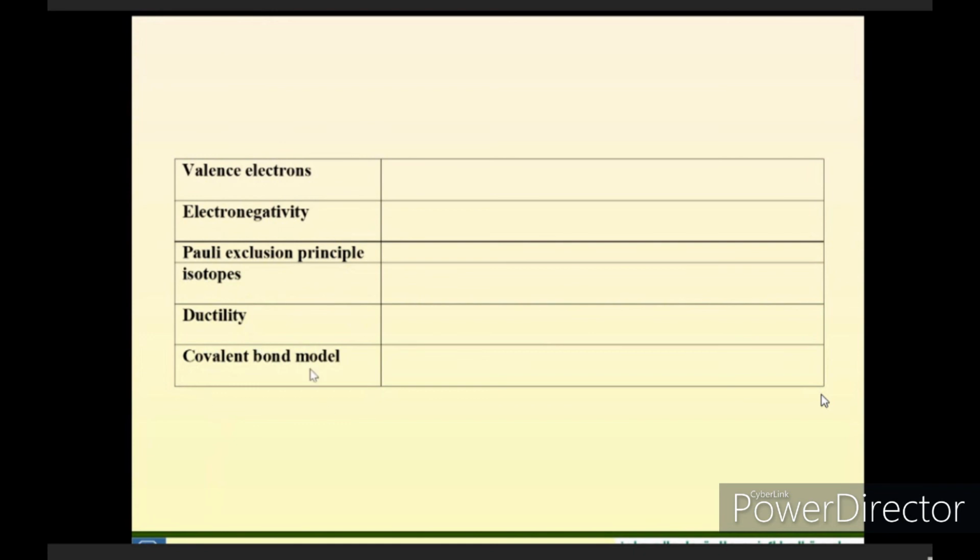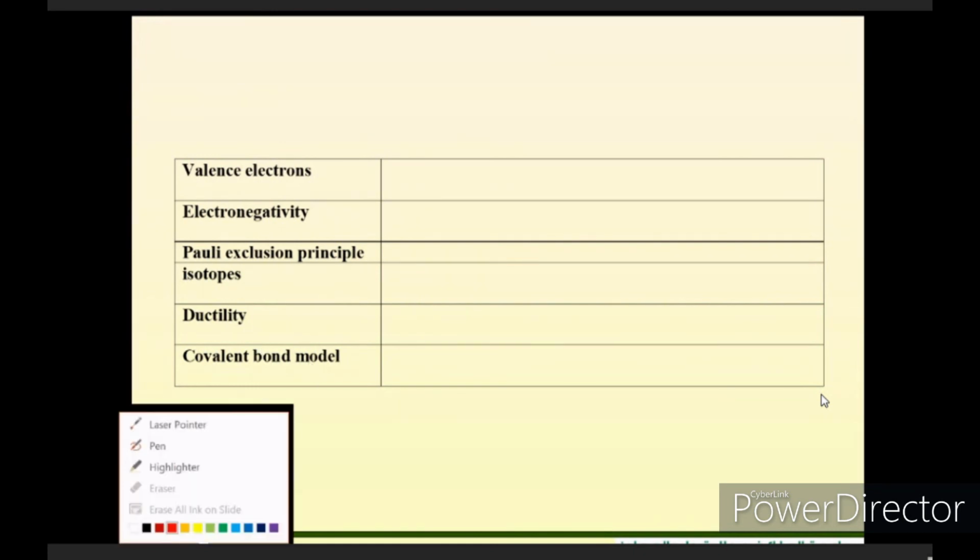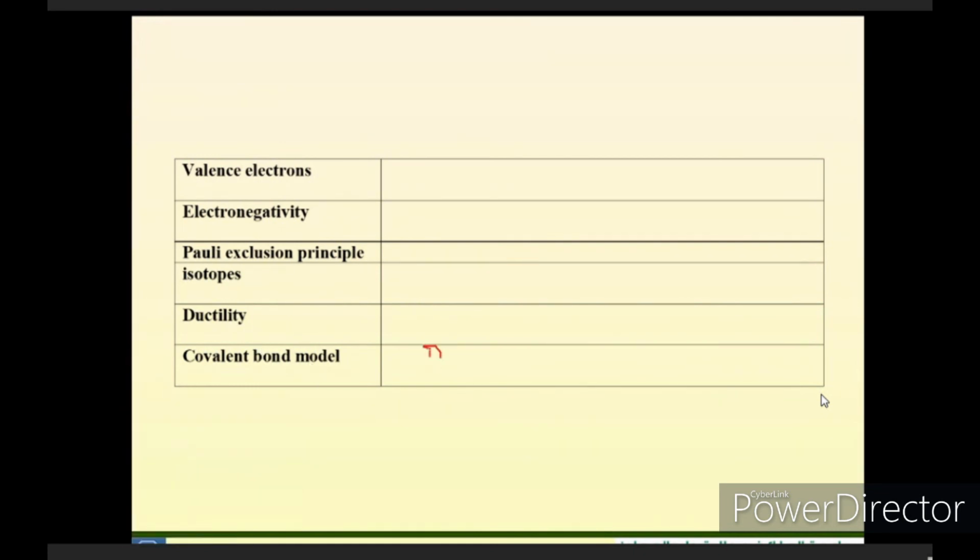Then the covalent bond model. I think last time in the slide it was there that it is basically 8 minus n, how many co-sharing will take place, where n is the number of valence electrons. For example, in the case of carbon, we found CH4, because carbon has 4 in its outer orbit, so it's 4 sharing and so on.